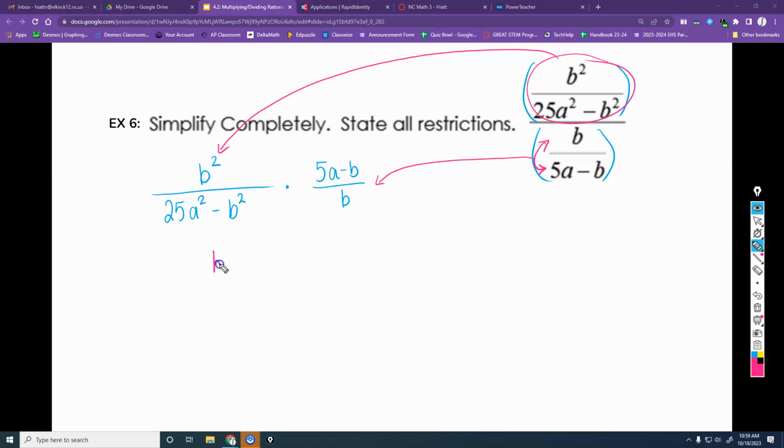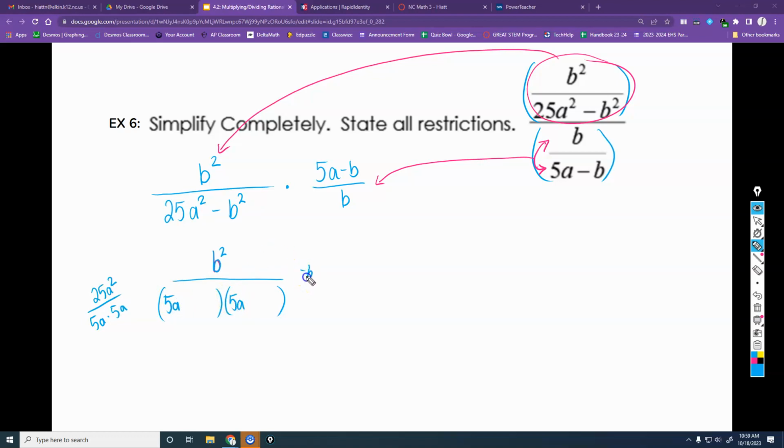So we're going to have b squared over, now this one's a little bit trickier to factor. I have 25a squared. What can I multiply together to get 25a squared? 5a and 5a. So 5a goes here, 5a goes here. Okay?